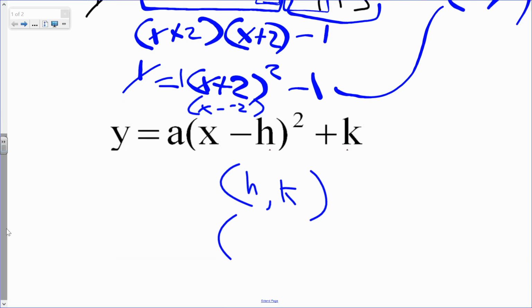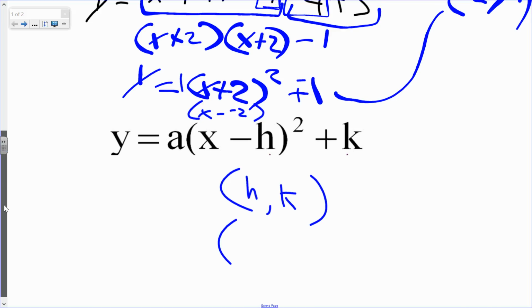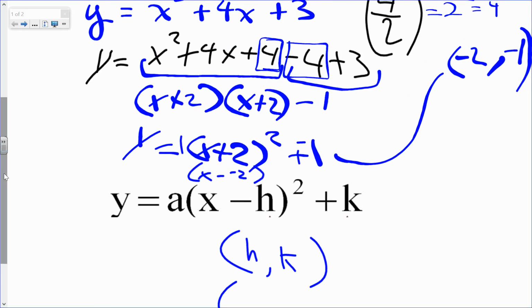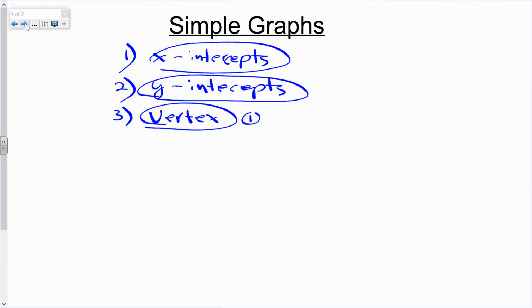That's our vertex. K is going to be a negative 1. But this says plus, so we can make this a plus negative. So now the structure looks identical to the vertex form. We have a minus and minus, and we have a plus here. So hk would be our vertex, negative 2, negative 1. Excellently done, Ponce. So we're done.